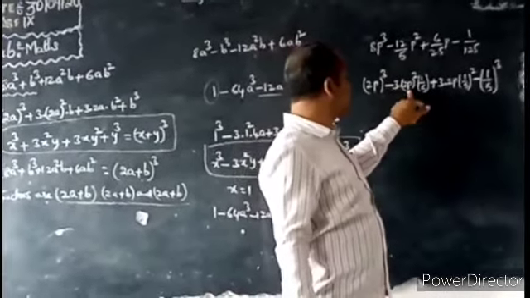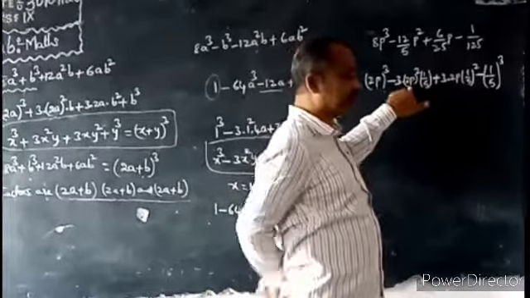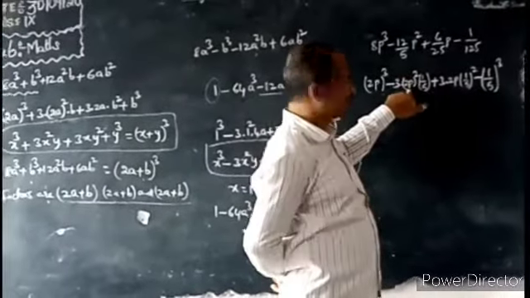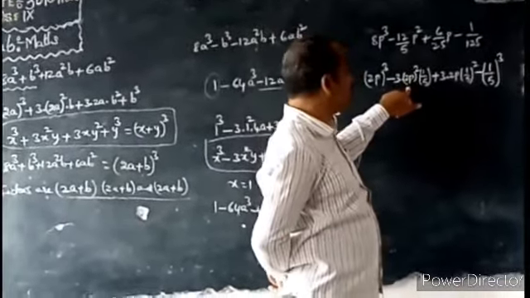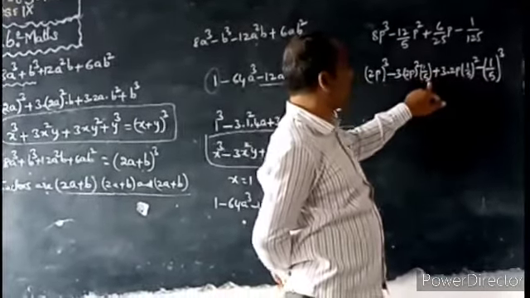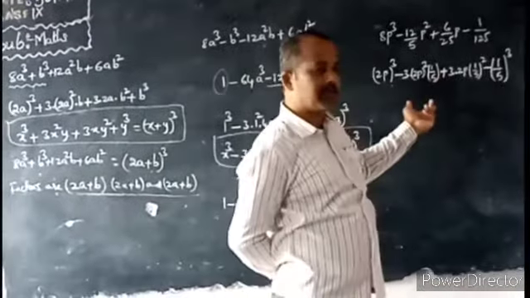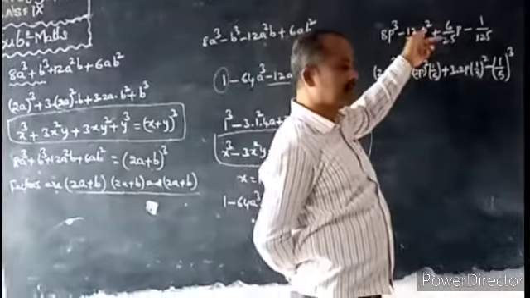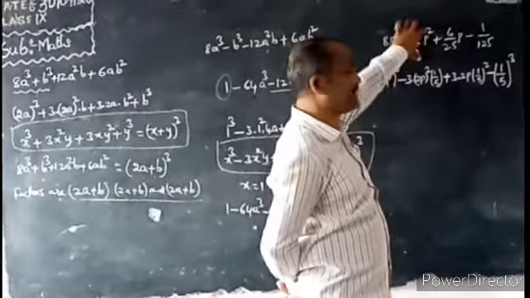Minus 3 into 2b whole square, that is 4b square. 3 fours are 12, 12 into 1 by 5 is 12 by 5, b square as it is. This term is equal to this one, na?